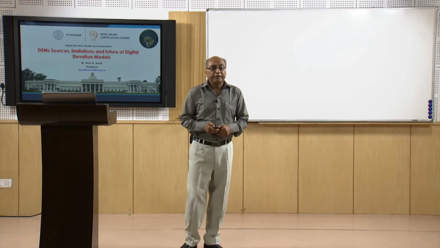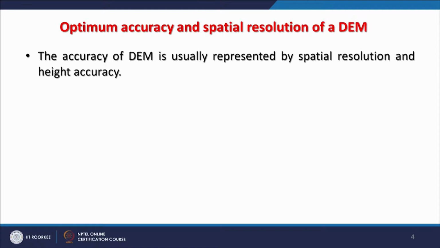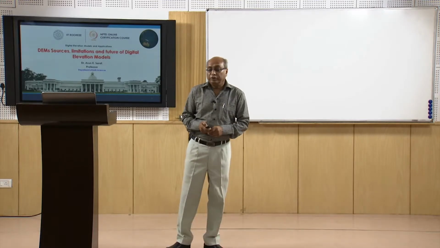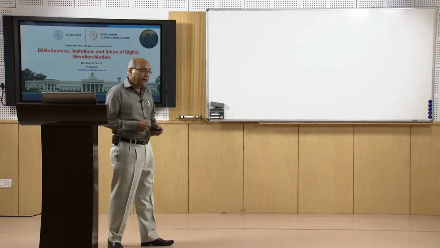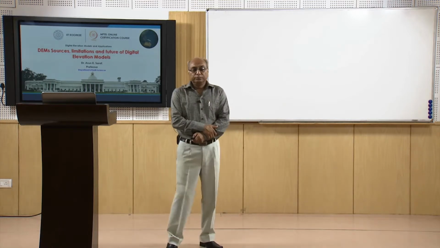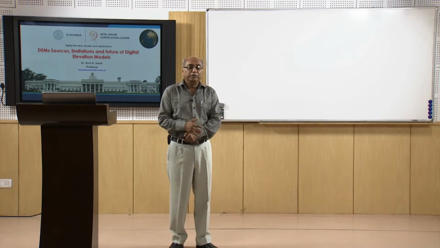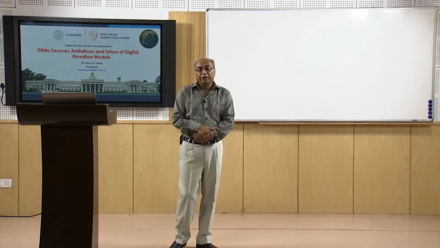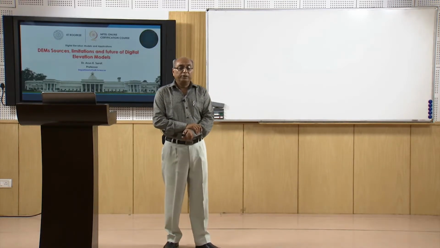Generally, many such applications and analyses require a highly accurate, quality DEM, and accuracy of a DEM is usually represented by, or depends on, spatial resolution and height accuracy. Height accuracy has been an issue with the earlier digital elevation models, and if they had an accuracy of 5 meter or 10 meter, plus minus 10 meter, then at that time it was considered completely unreliable.